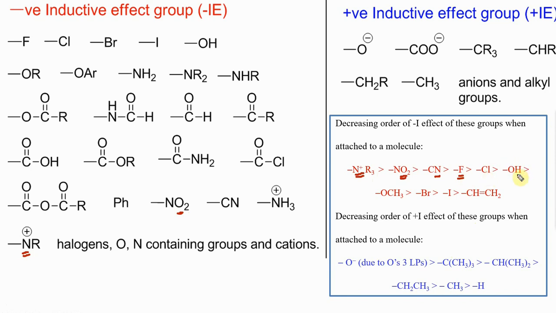But OH is not actually that electronegative, because the oxygen has a hydrogen, and hydrogen gives some electron to oxygen. So the electronegativity becomes a little less. You want to remember this order. If hydrogen giving electrons to that oxygen reduces it, then if a methyl group gives electrons it will reduce even more. So OCH3 is less than OH.